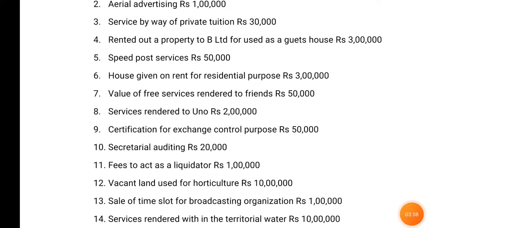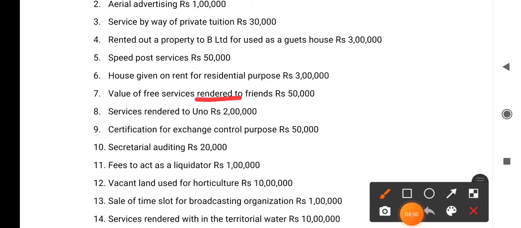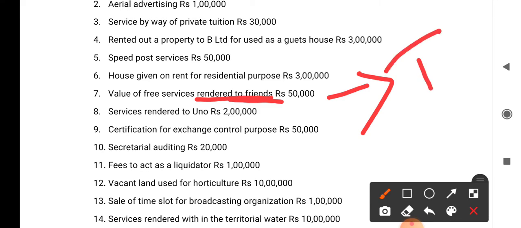Next, value of free services rendered to friends. So, please remember one point. You may provide some services to your friends for which you are not collecting any money. You are giving the services free of cost, right? But under GST law, even though the service is provided free of cost and you are not collecting any money for that, still it is taxable. Therefore, services provided free of cost to friends is taxable.